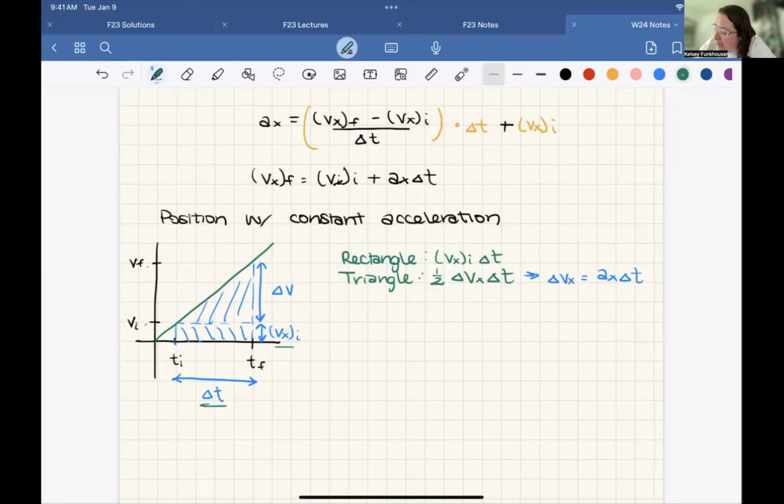So we can plug that in instead. So we have 1/2 the acceleration times the time interval squared. So now the total area under the curve is those two added together. And that's also the displacement.